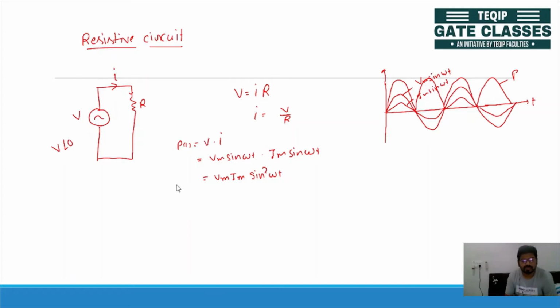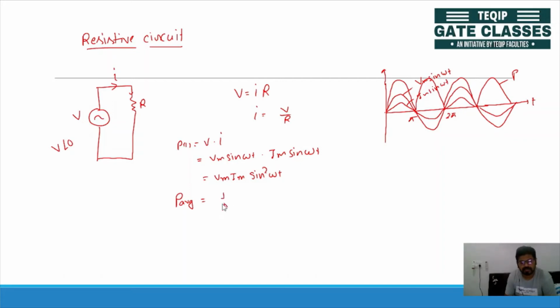If we take the average of this instantaneous power, suppose we want to calculate average power, then we will integrate this over the time period.